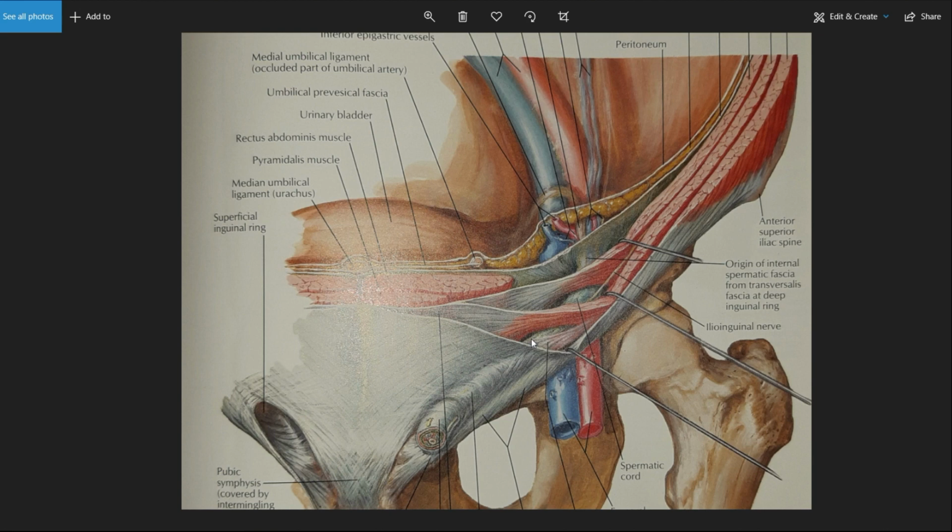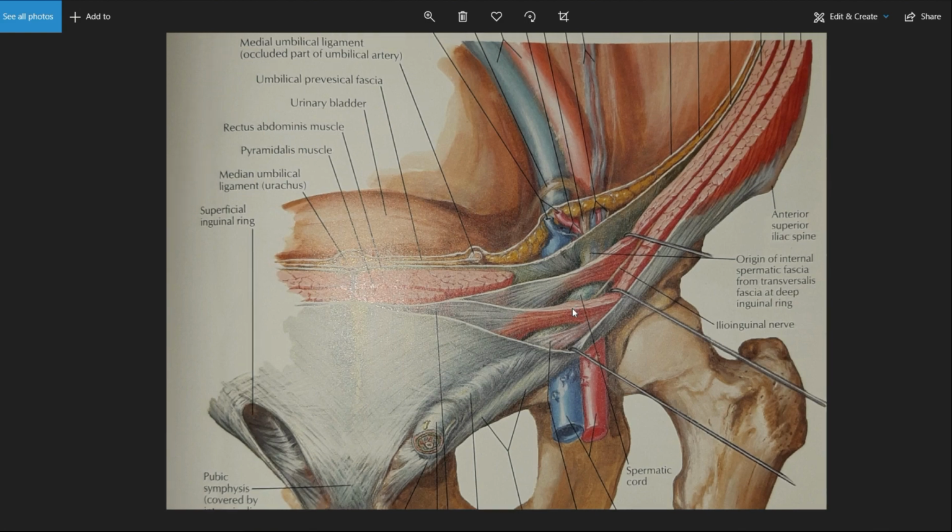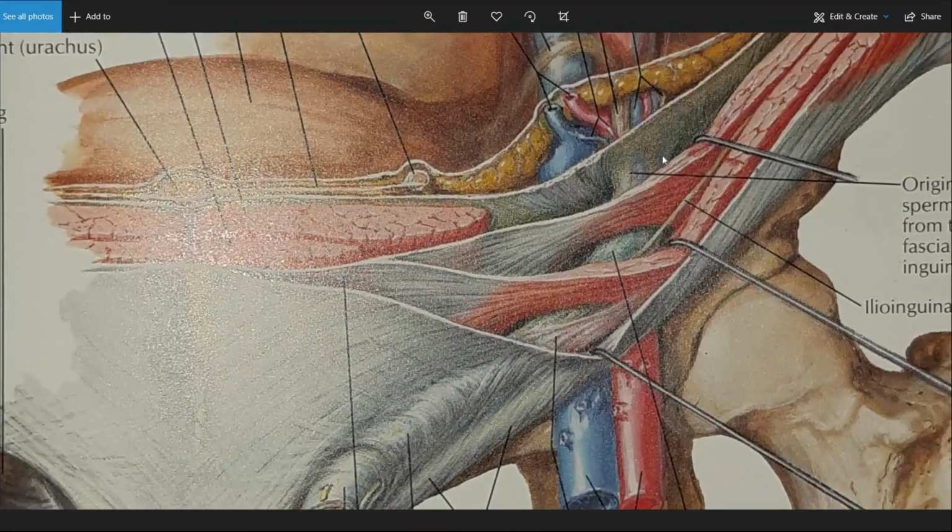Now, one other thing I forgot to mention about the spermatic cord. It is obviously constituted by all those structures that I just mentioned, but it also is constituted by some coverings. Now see, the coverings of the spermatic cord are very logical.